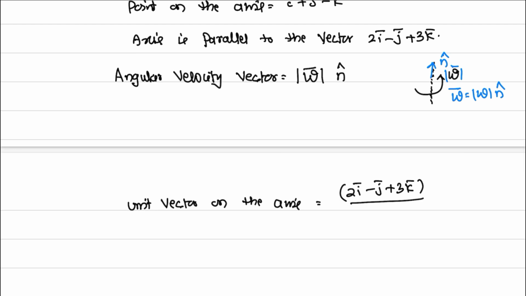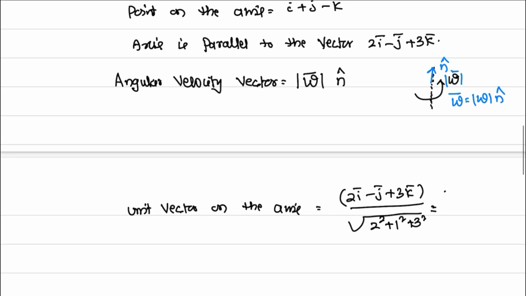Whole divided by square root of 2 square plus 1 square plus 3 square, that is square root of 14. 2i minus j plus 3k divided by square root of 14.